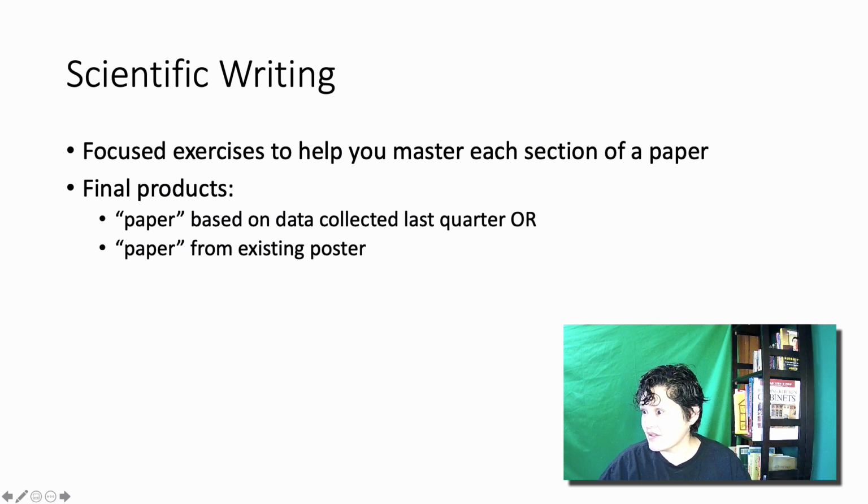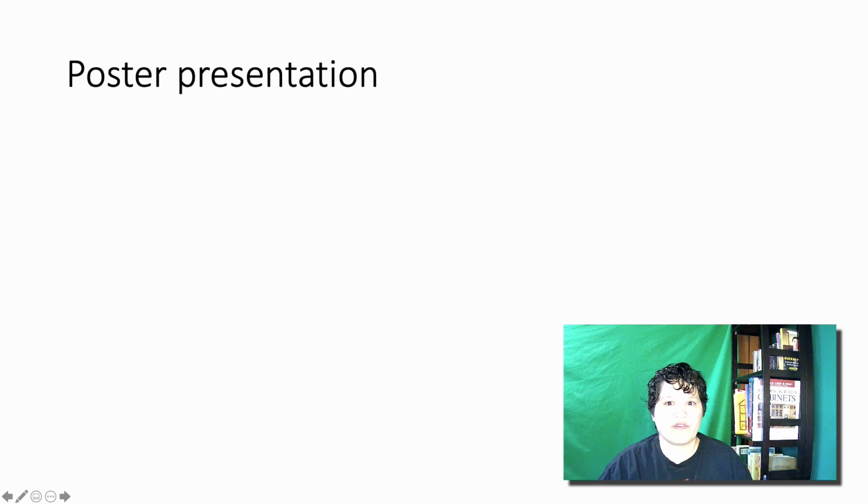If you haven't, what we're going to do is have you take a poster that you find online from a scientific conference where hopefully they have done the statistical analysis for you, and you can take that and expand it into a paper, because there's usually a lot of research that goes into turning a poster into a paper.